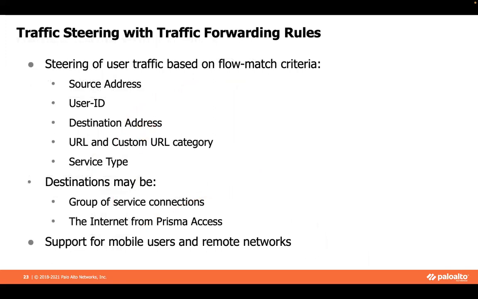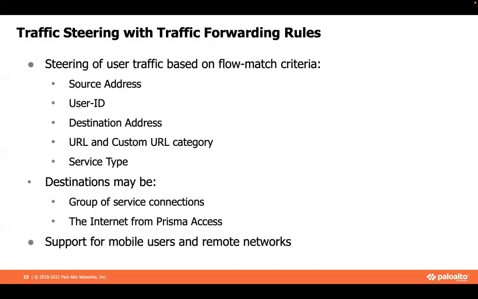I have the ability to use things like source addresses. I'd say, hey, mobile users with an IP address of 10.10, you need to go through the data center for all your traffic. I could do it based on user ID, because remember, mobile users are going to be identified. Basically, it's built-in user ID. Once you deploy your mobile users, you don't have to deploy additional user ID stuff for those users.